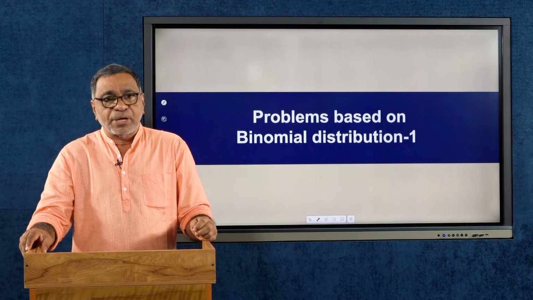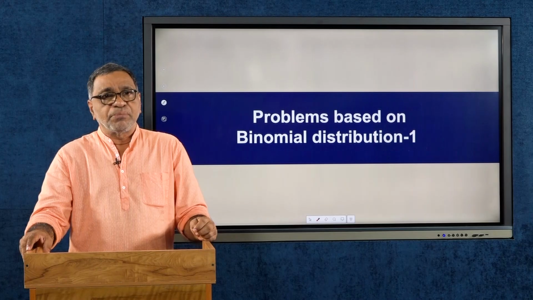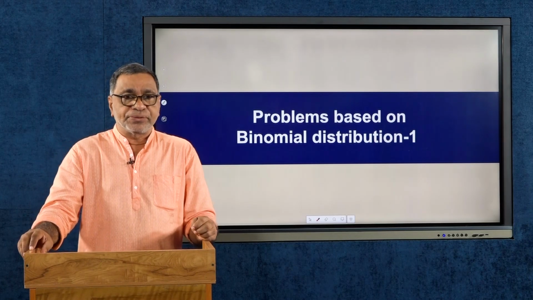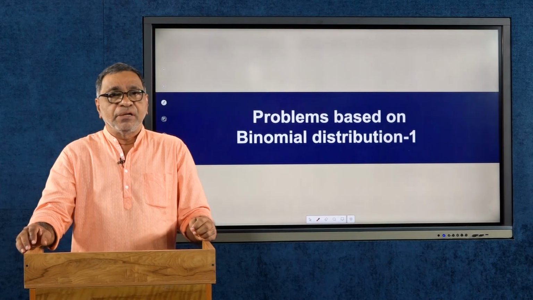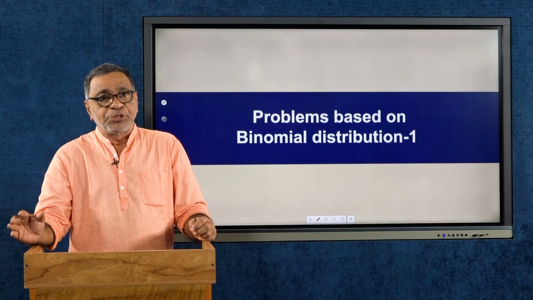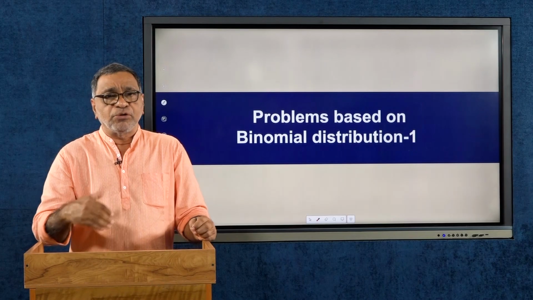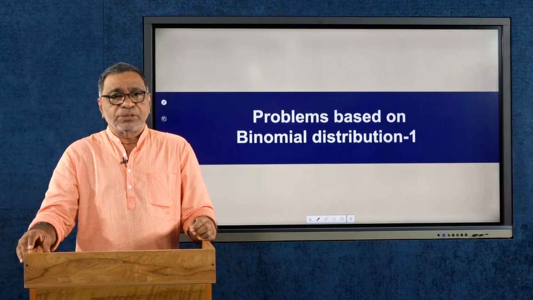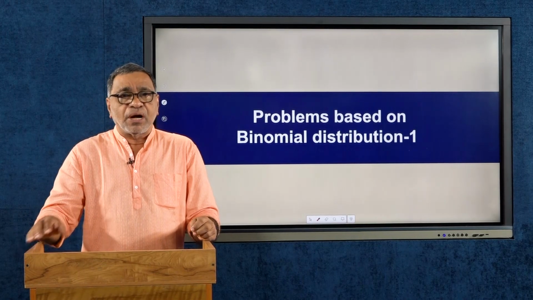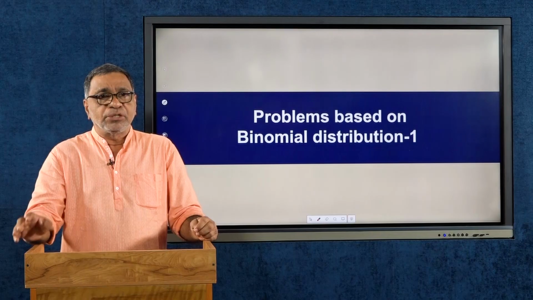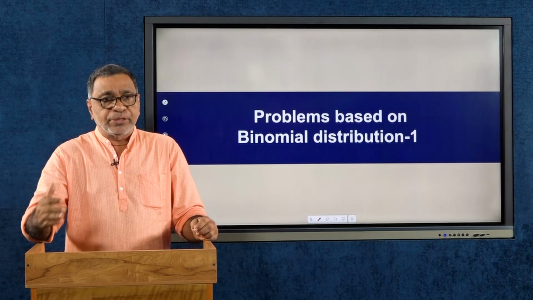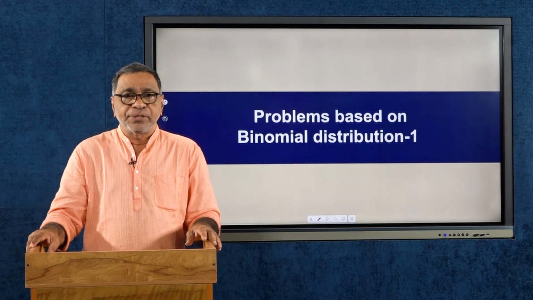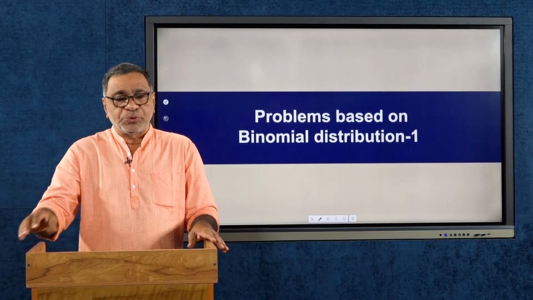These problems are addressed on the basis of different probability distributions, especially binomial distribution and Poisson distribution. In order to find probability values corresponding to some problems, we consider binomial distribution or Poisson distribution, and that type of problems are discussed in the next modules.